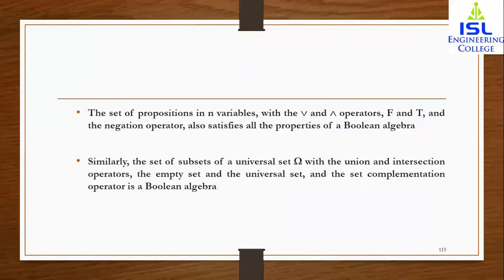The set of propositions in n variables with the OR and AND operators, false and true, and the negation operator also satisfies all the properties of Boolean algebra. Similarly, the set of subsets of a universal set with the union and intersection operators, the empty set and the universal set, and the set complementation operator is basically a part of Boolean algebra.